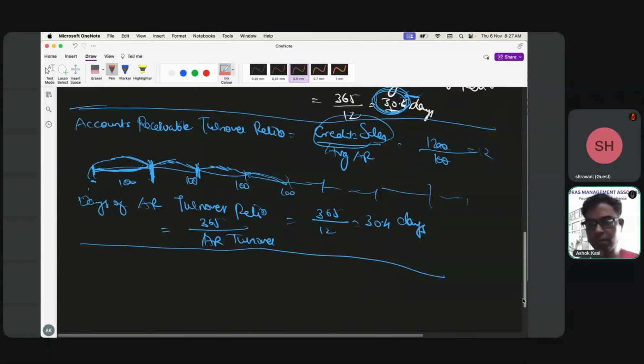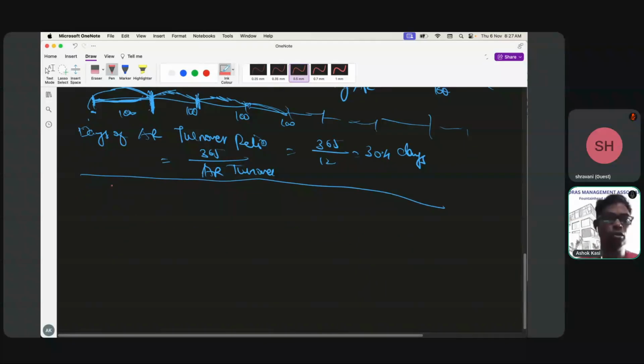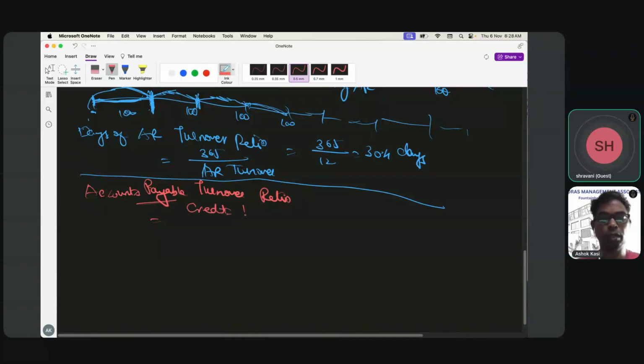Then after accounts receivable turnover ratio, accounts payable turnover ratio is equal to credit purchase divided by average accounts payable.